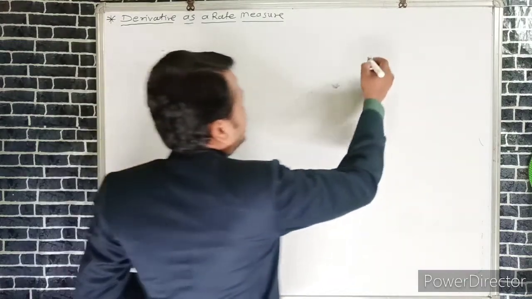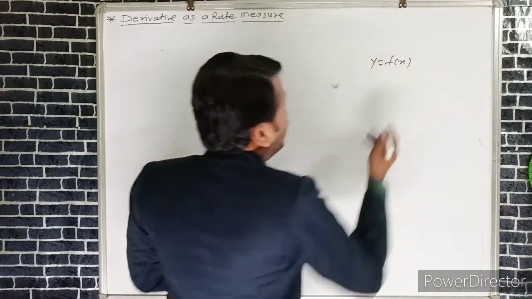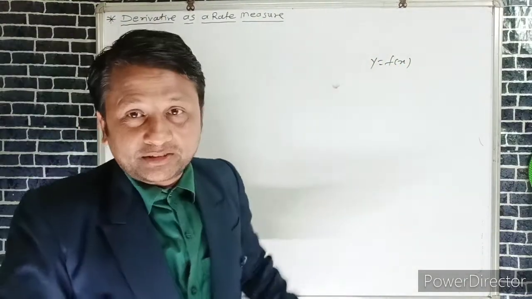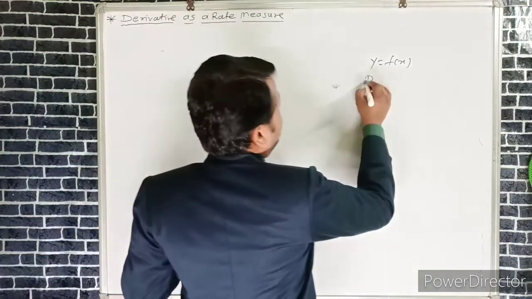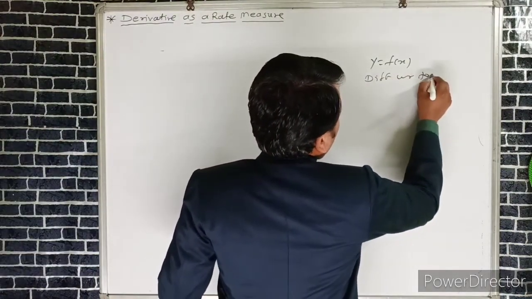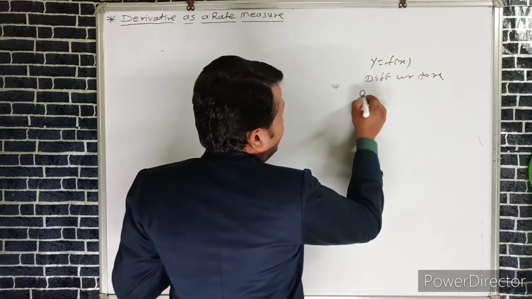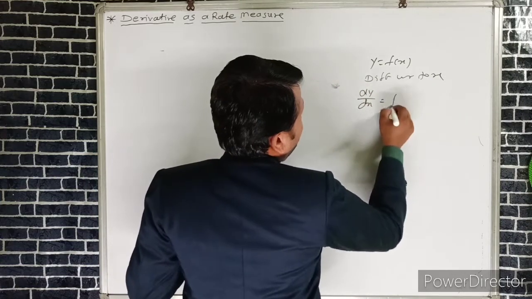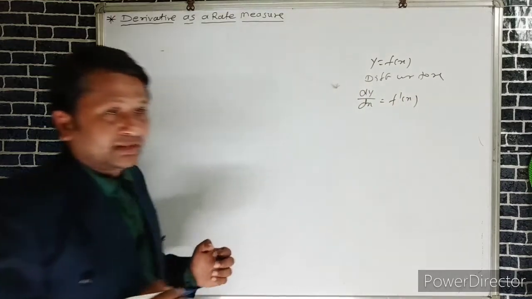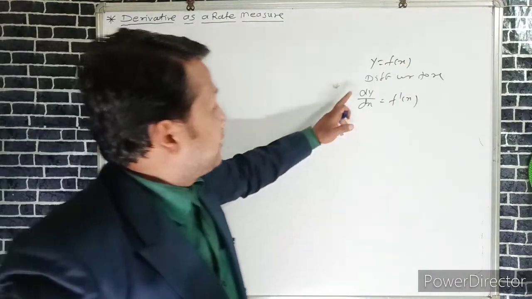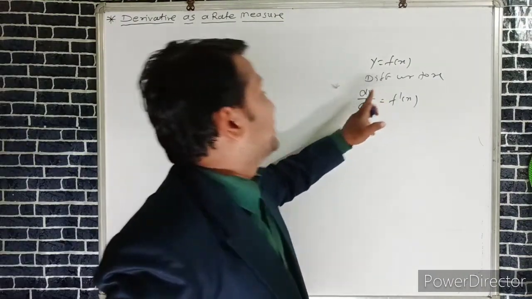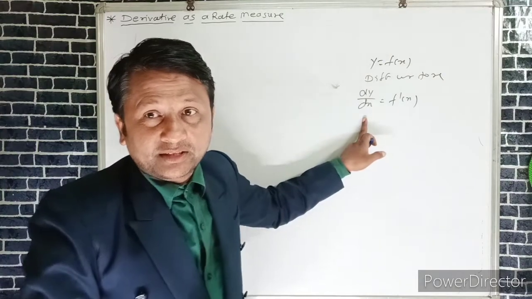If y equals f of x is any curve or given function, when we differentiate with respect to x, then dy upon dx equals f dash of x. It means the rate of change of y with respect to x. It is a rate measure.